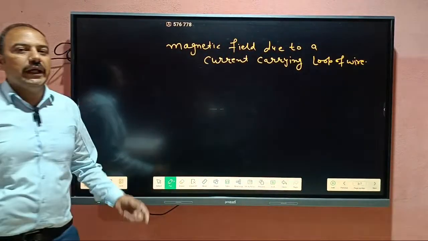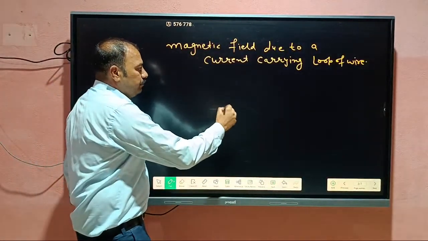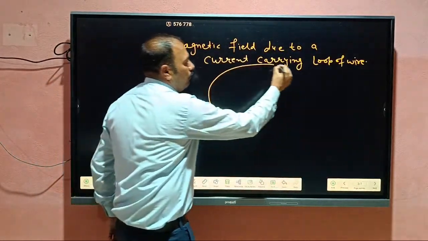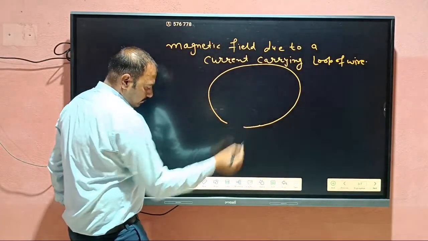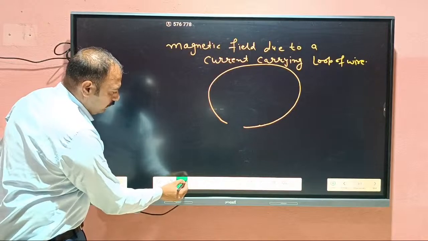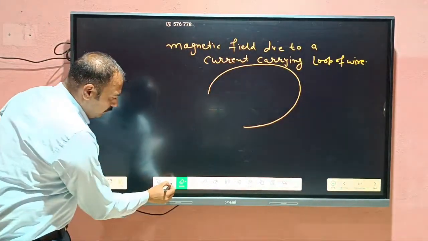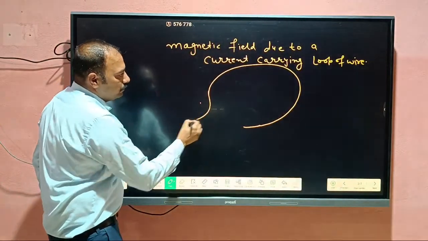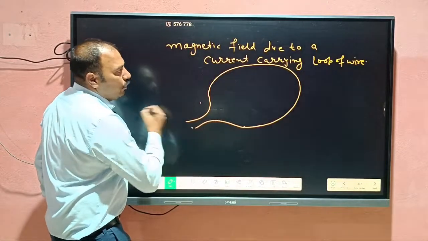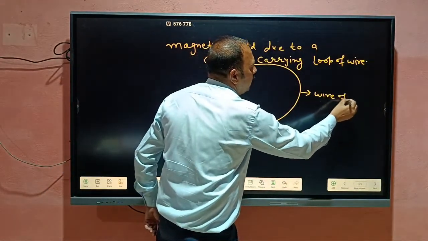For this we take a wire, and this wire is in the form of a circle. So for example, this is a wire of metal.